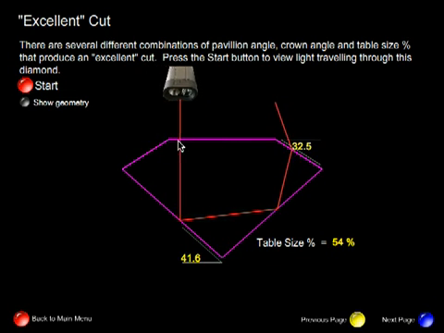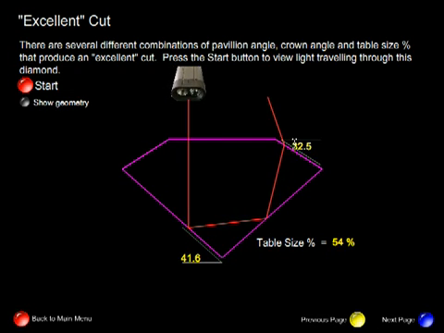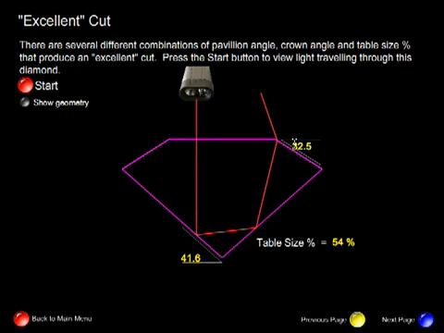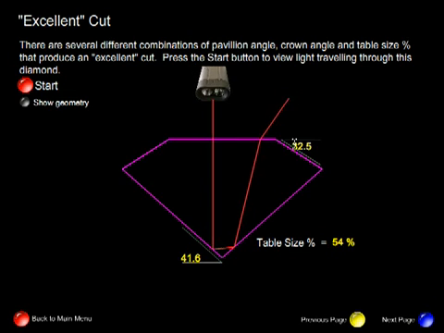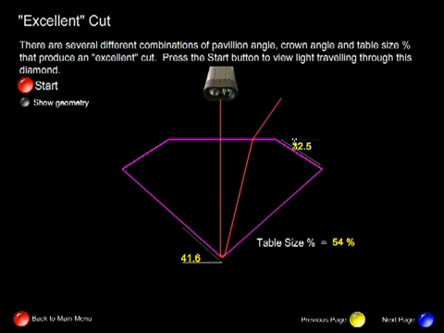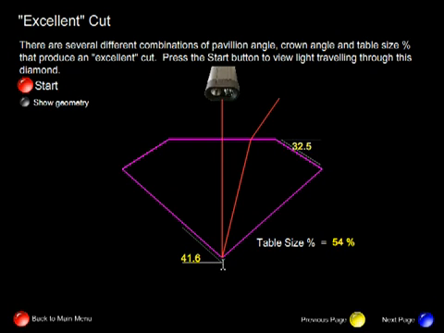And again, as it enters through the table, light is once again reflected upwards. So there's a range of values that produce excellent cuts. Now let's take a look at a good cut.